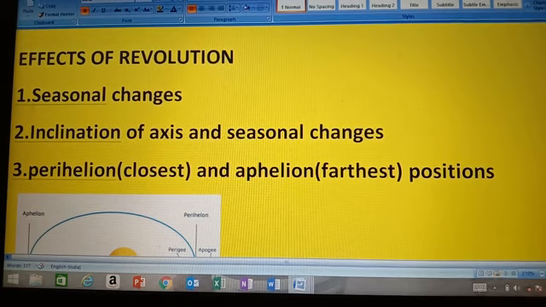Then the next one was the gravitational pull. When the earth is closer to the sun, the gravitational pull makes the earth move faster than when it is far away from it. Thus, the speed of revolution is not uniform everywhere.